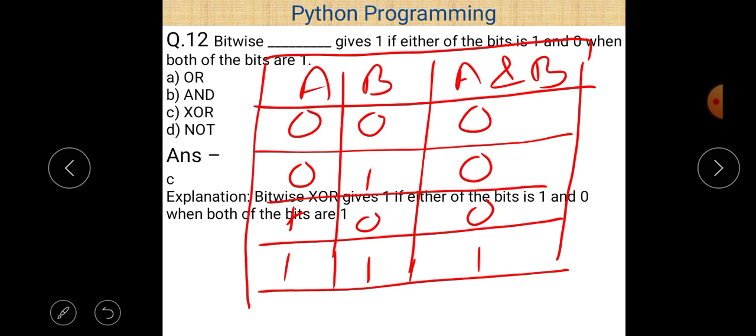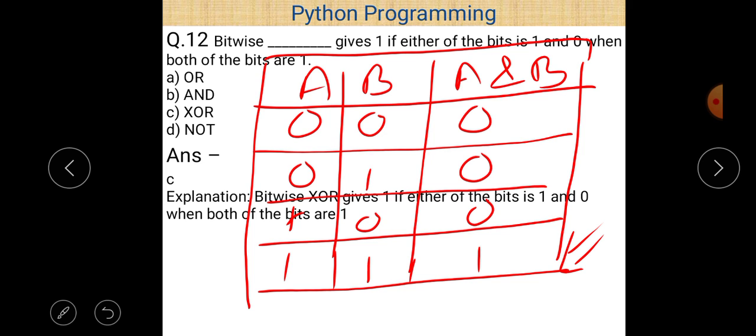In the first case 0 0, both inputs are 0, so output is of course 0. In the second case, first input is 0, second input is 1, so output is 0 again. In the third case, first input is 1 and second input is 0, so output is 0 again. But in the last case, both inputs are 1, so output is 1. So this is the truth table of bitwise AND.